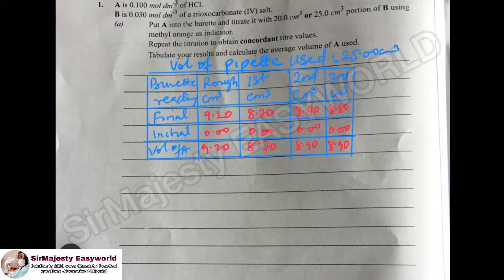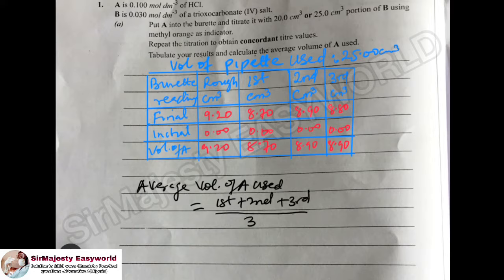So average volume of A used should be equal to, I think the first, second, and third readings are all concordant, so I'm allowed to use any of them. So in this case, we have first plus second plus third. If you use 3, you divide by 3.